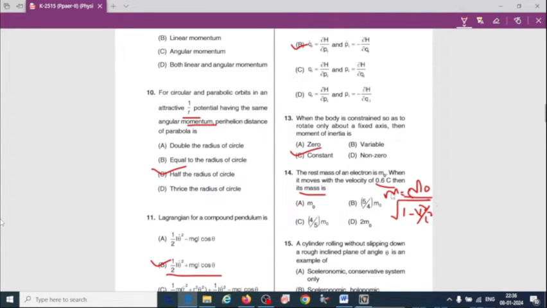So you have to put the value 0.6c into the formula, then you will finally get option B here, 5 divided by 4 m naught.